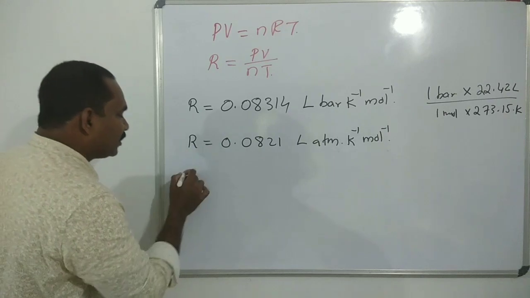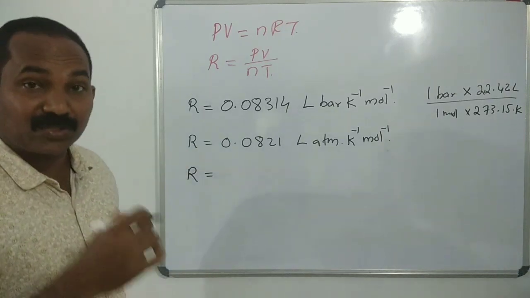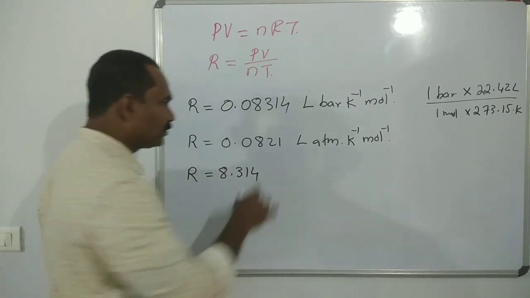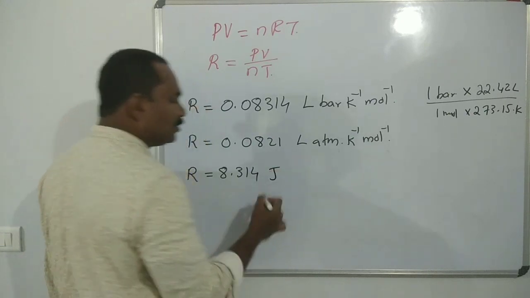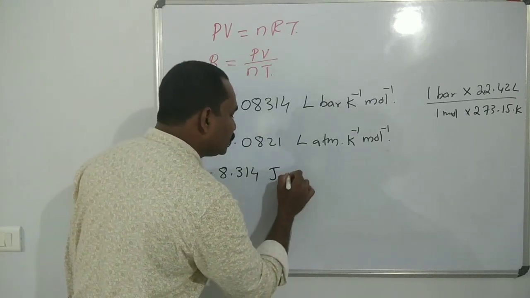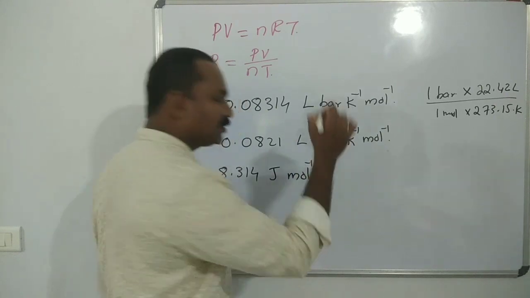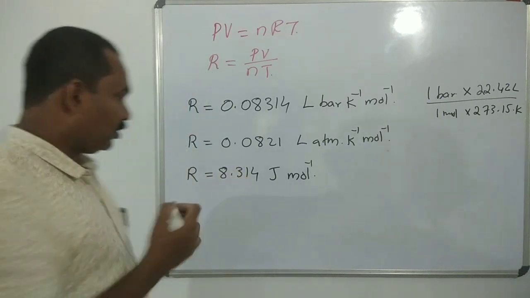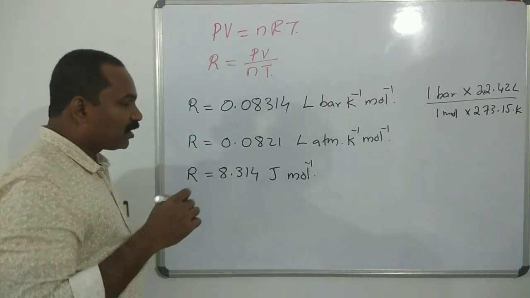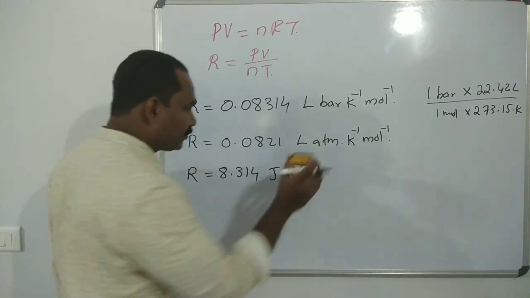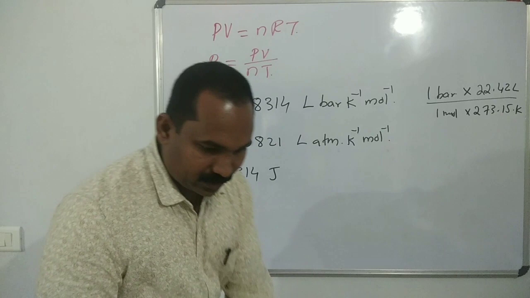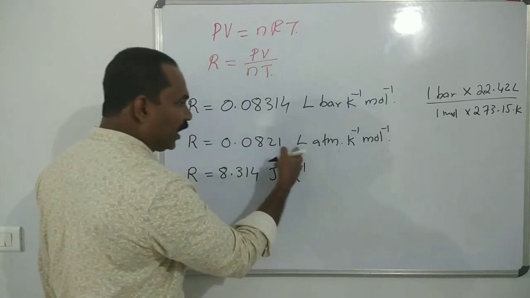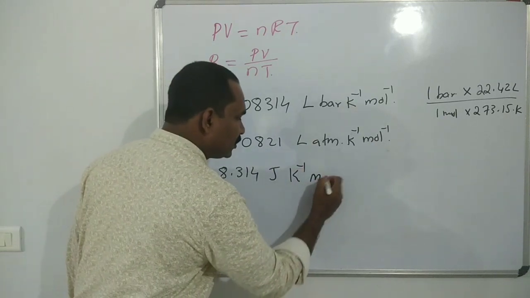Then R value in energy, in joules, is 8.314 joule Kelvin inverse mole inverse. This energy is in joule, Kelvin inverse, mole inverse.